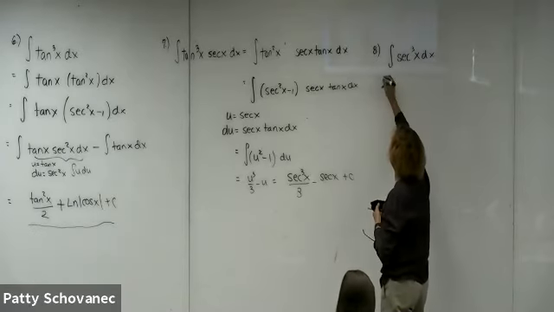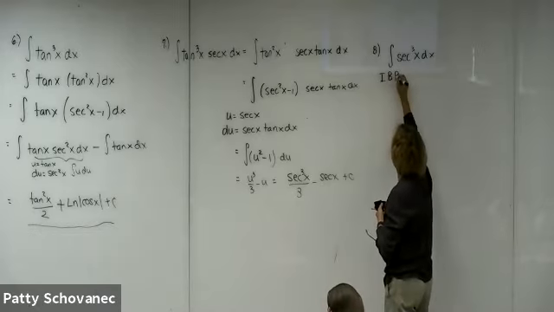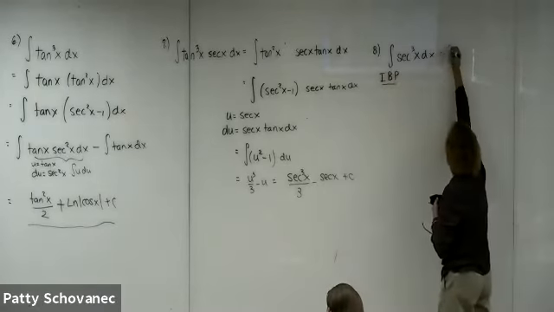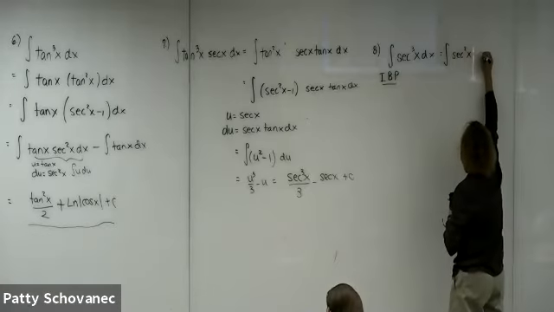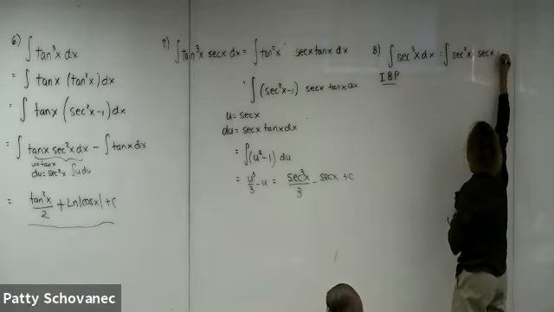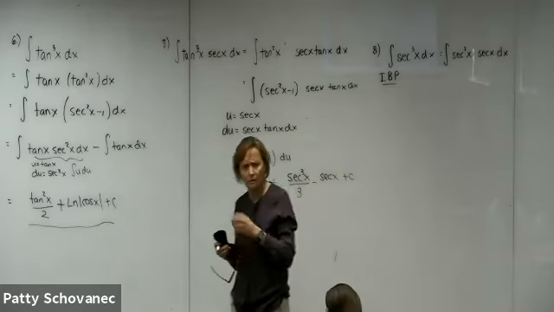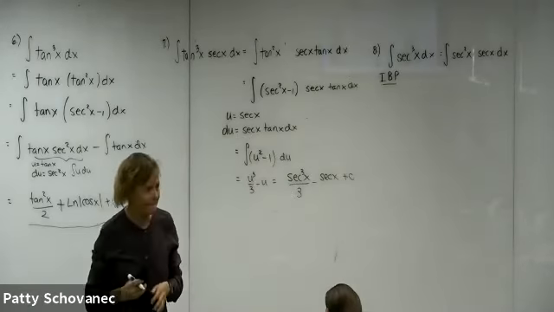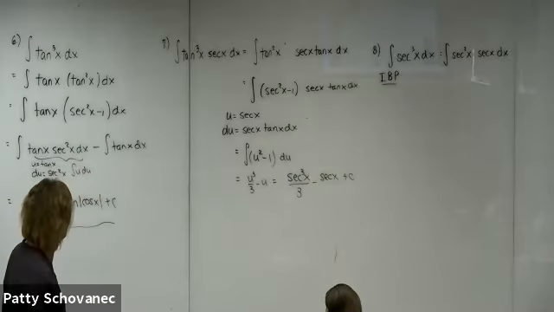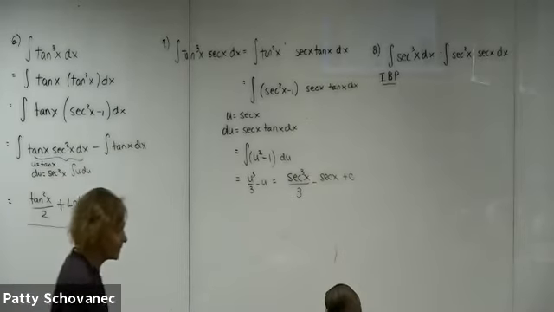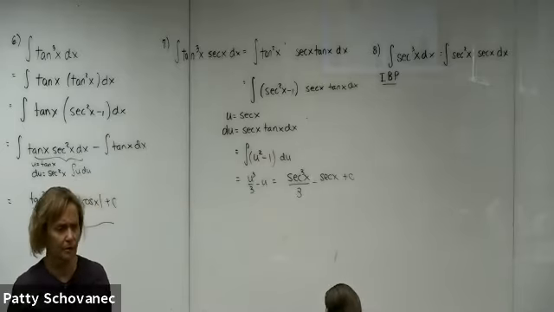We will take out a secant squared, but we'll take out a secant squared to do integration by parts. So from there, you can do uv minus the integral of v du. I'll give you a chance to try. It's going to go circular. So if you can catch where it becomes circular.